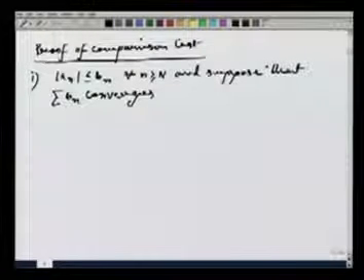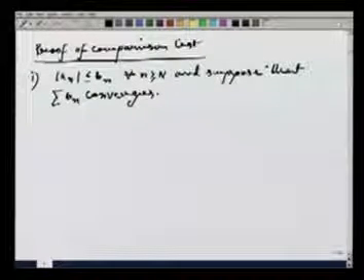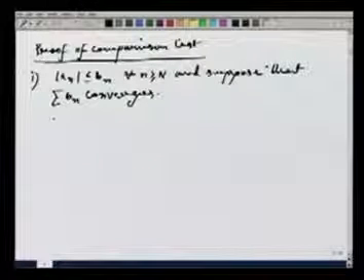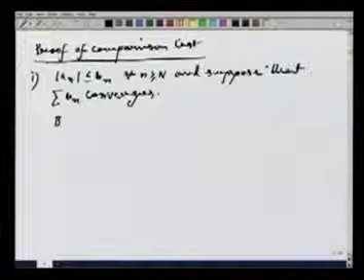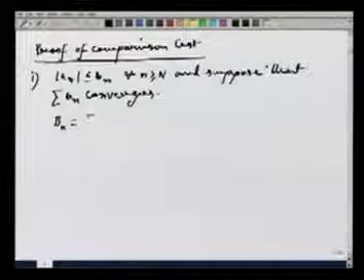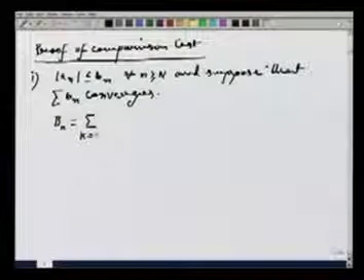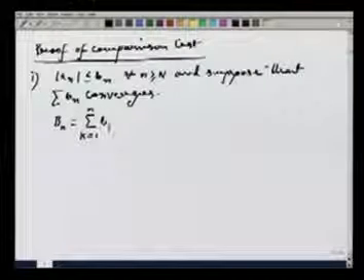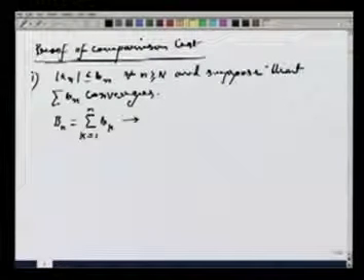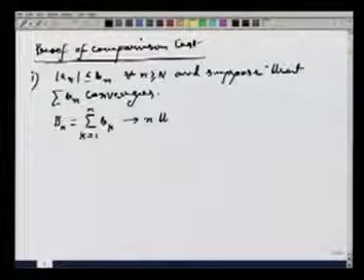Okay, so the way we are going to prove it is very simple. Let us say capital Bn equal to summation k from 1 to n bk. So this is the nth partial sum.